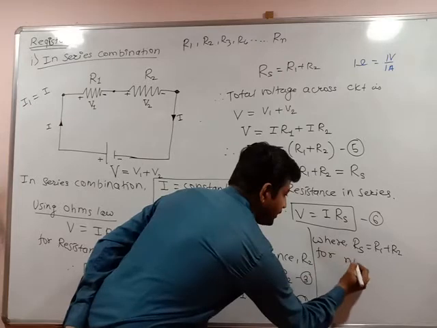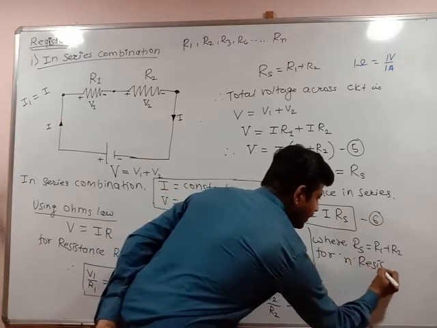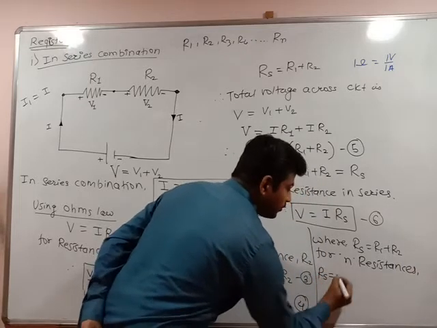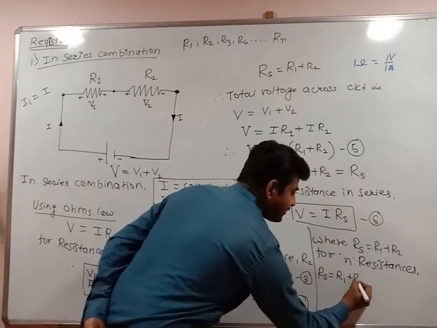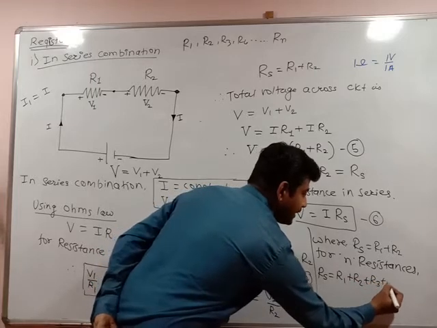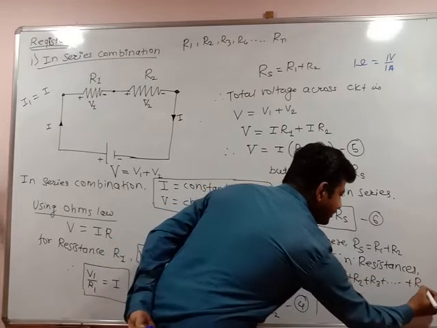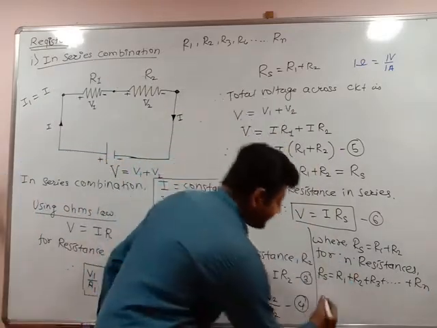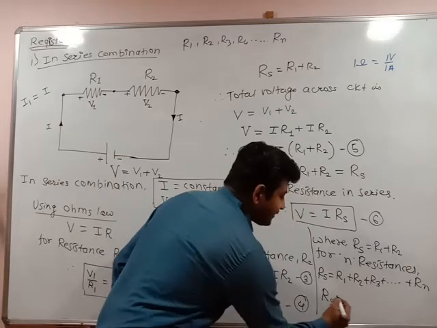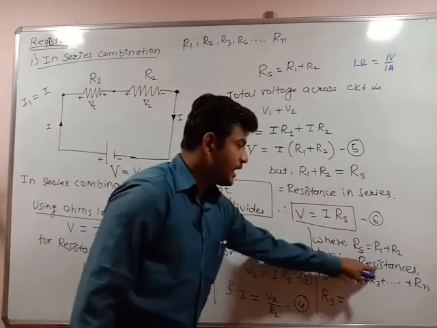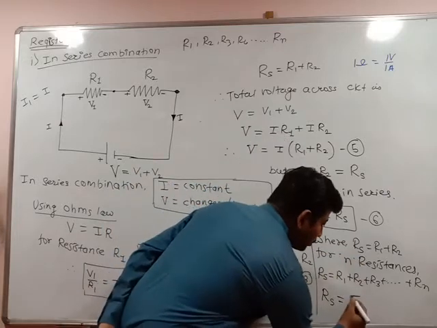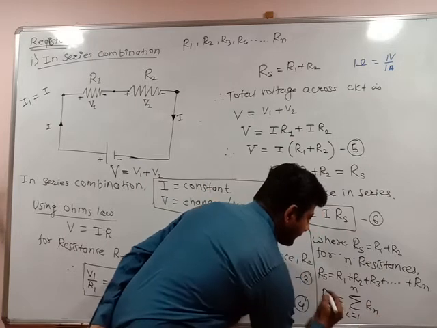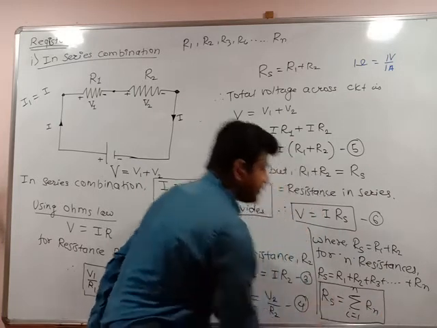For n resistances, I can write Rs is equal to R1 plus R2 plus R3 up to the last resistance Rn, and we can write this discrete addition as Rs is equal to the summation, i goes from 1 to n, of Ri.